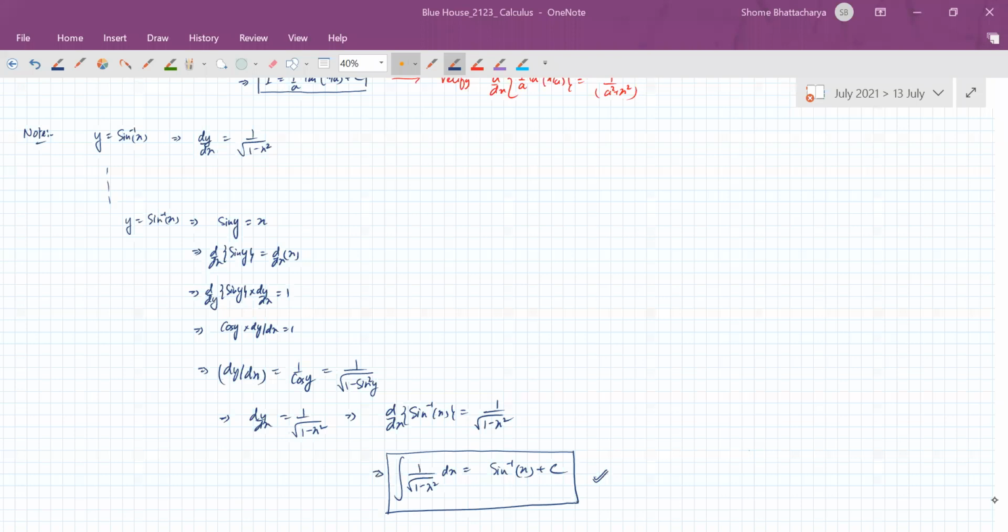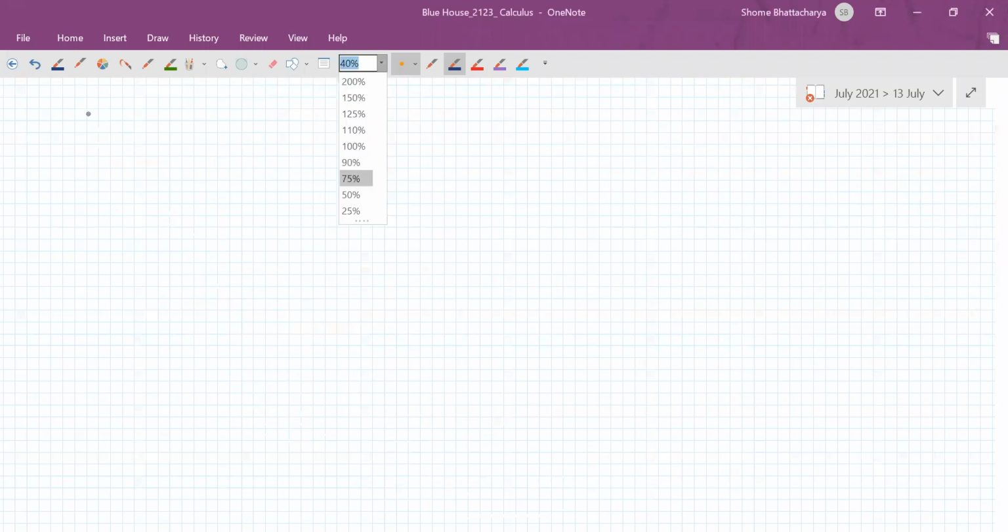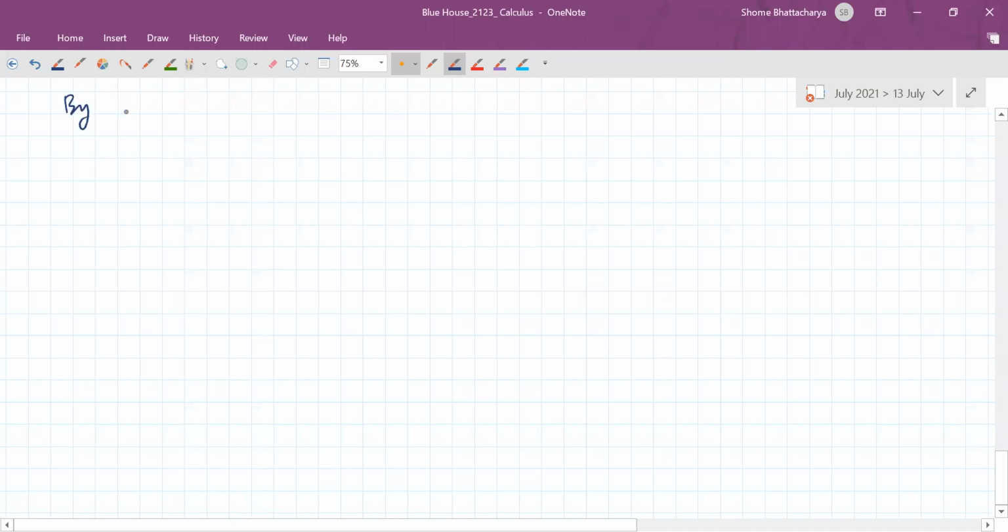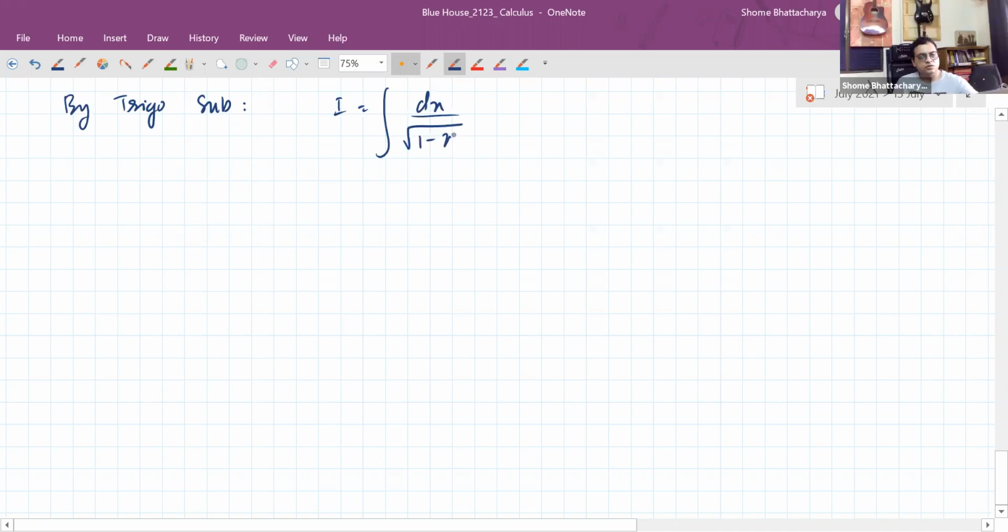Okay, so let's understand this integration also by substitution, and then we'll see the variation of this one also. Here, what we do is to take advantage of the identity that sine square theta plus cos square theta is equal to unity, and that the derivative of sine theta is cos theta.